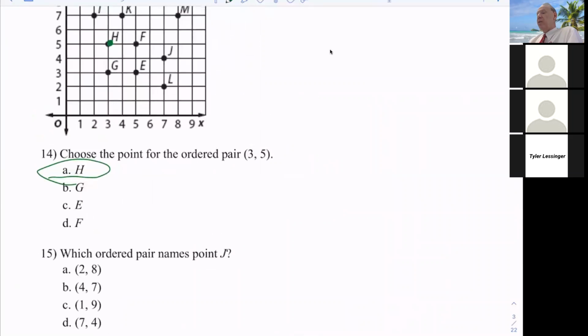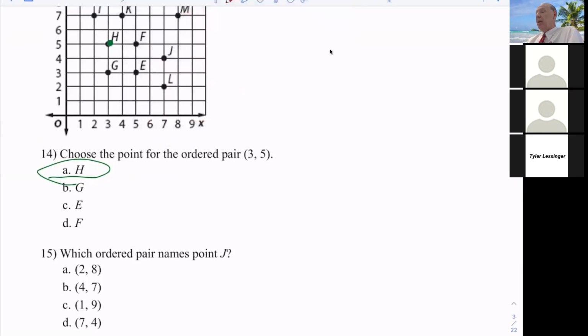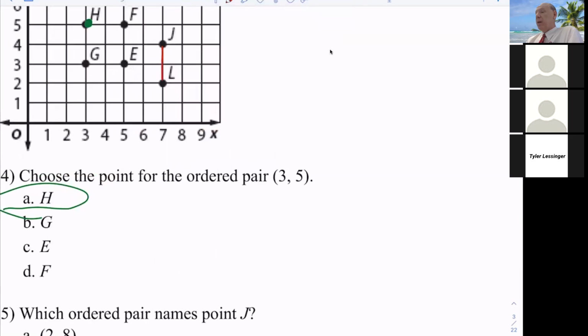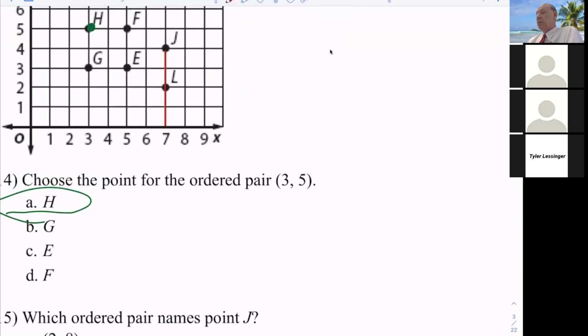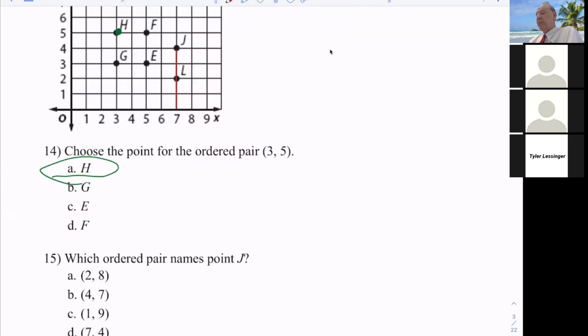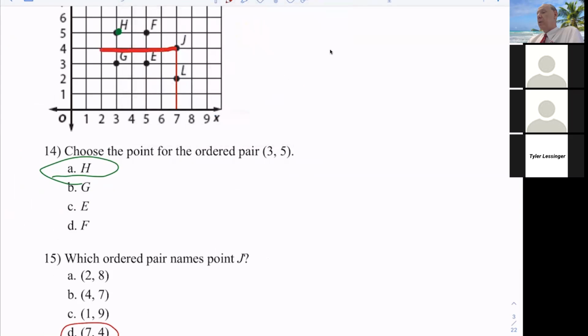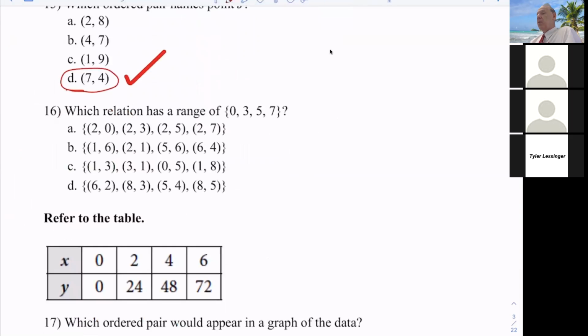J, so let's find J. So if I want to, I can look at this and say J. So we go down 7 first. Well, that's the only one with the X value of 7, right? And then, of course, I want to show you that we would go over the Y, and that's the X. So that's how I got 7, 4. Everybody okay with this?